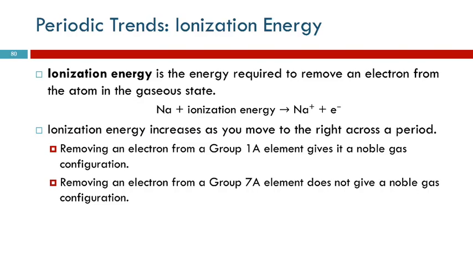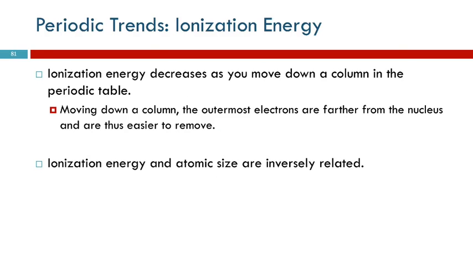So as you go across a period, the amount of energy needed to remove an electron increases. As you go down, the amount of energy needed decreases. And it's not a coincidence that it's opposite with the size. Okay? For a larger atom, the electrons are farther from the nucleus, right?